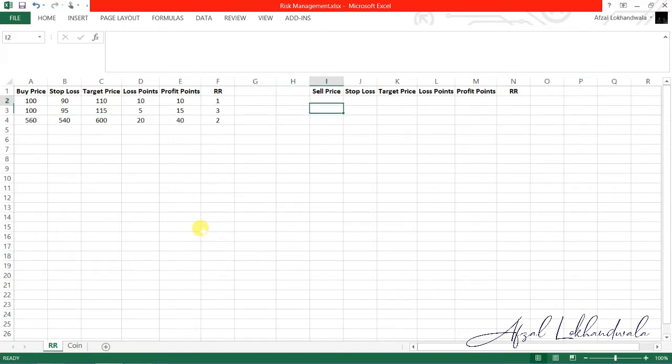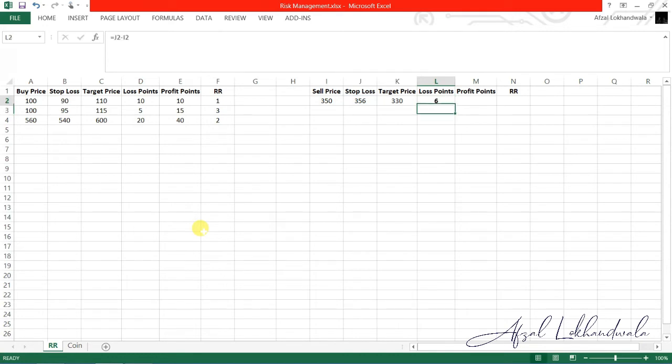Now let us come to the part where we are short selling. It is very easy. Once again, let us say that we are short selling a stock at 350. We are setting a stop loss at 356 and we are setting a target at 330. Now your loss point is simply your stop loss minus selling price.